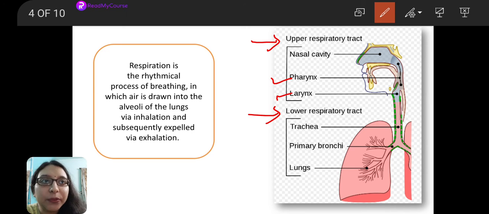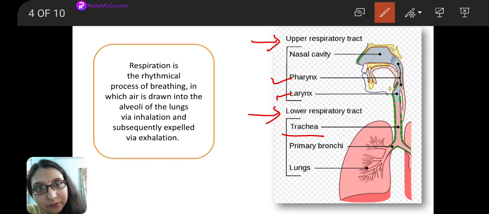From below the larynx starts the lower respiratory tract, starting off with an important structure, that is the trachea or the windpipe. We had read that the food pipe is known as the esophagus and the windpipe is known as the trachea. When we swallow food, the opening of the trachea is closed by the epiglottis, so that food is not trapped in the windpipe.